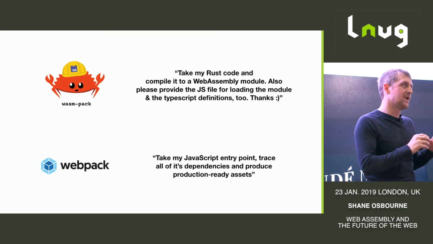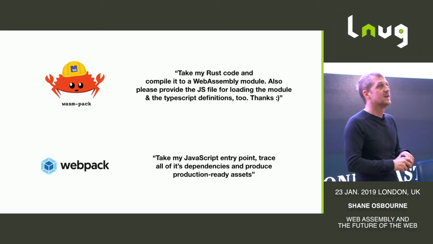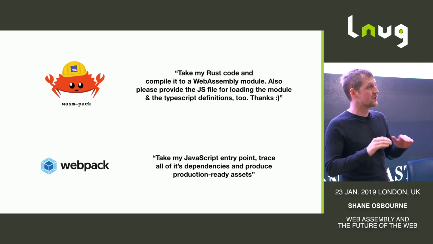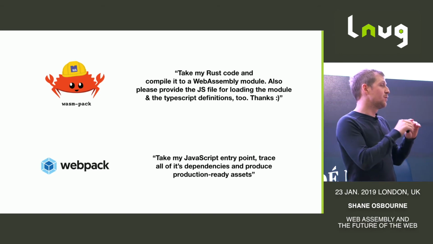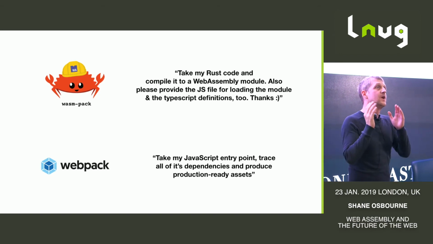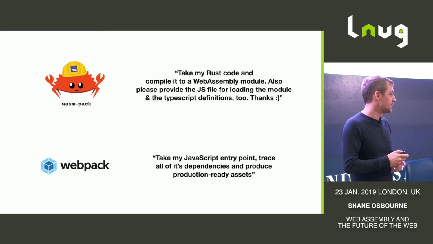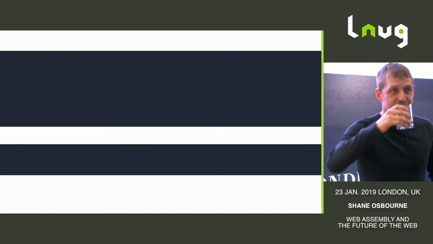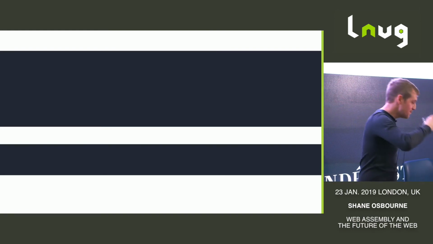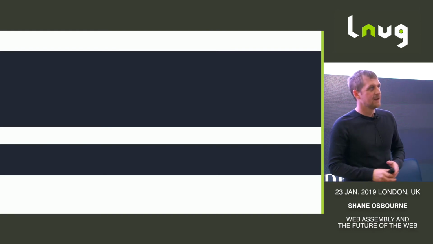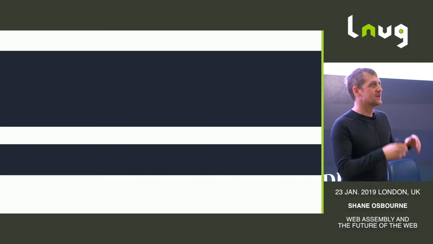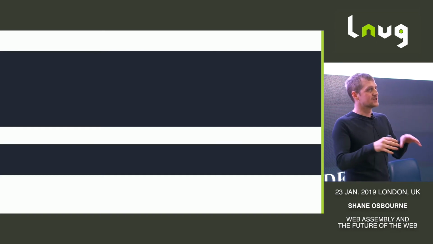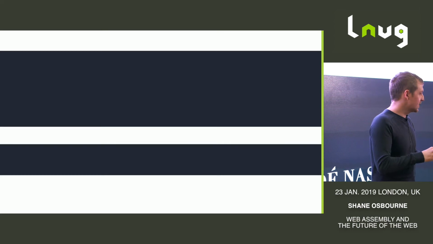Turns out Webpack has first-class support for WebAssembly. It's absolutely incredible. No configuration, no command line flags. If you import a WebAssembly module from a JavaScript file, Webpack will handle it. It's absolutely phenomenal. So I thought to myself, if I'm going to prove to everyone that WebAssembly is ready to be used from languages like Rust today, here's a challenge.